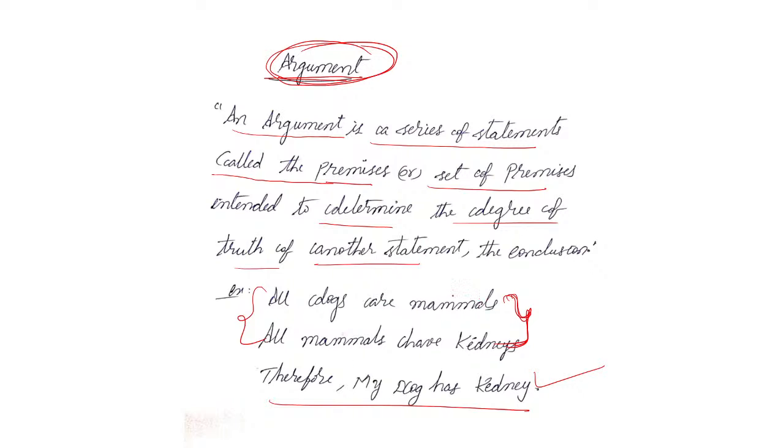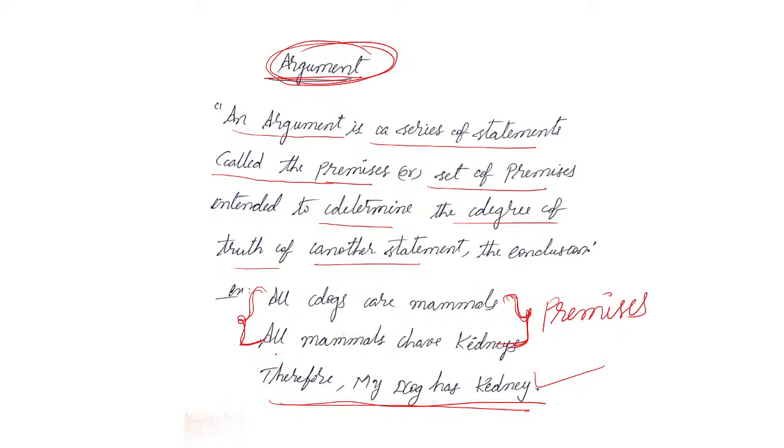Please observe, here there are two premises. First one is all dogs are mammals. Second one is all mammals have kidneys. Therefore, my dog has a kidney.